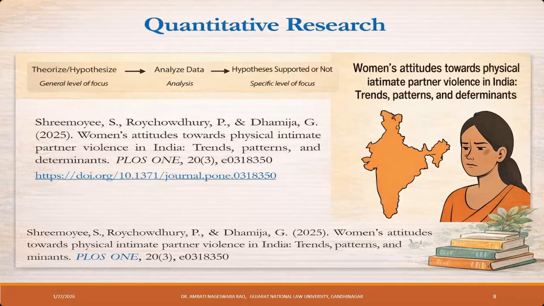Whereas resource dependency theory says that women who are independent, women who are confident in their skills and talents, think: why do I have to tolerate it if my husband is beating me unnecessarily? Why can't I raise my voice? As a woman, I have a certain level of tolerance.